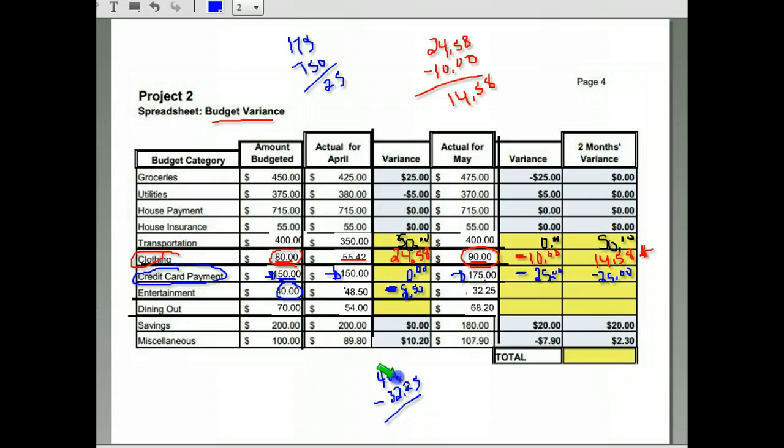We want to find the difference between those two. And when we do that, we get $7.75. The bigger number, okay, they were under budget. Okay, they didn't go over, so that's a positive. Okay, so we're supposed to combine those two.